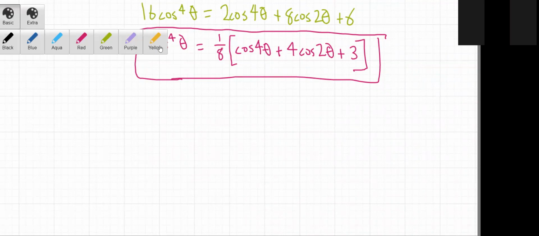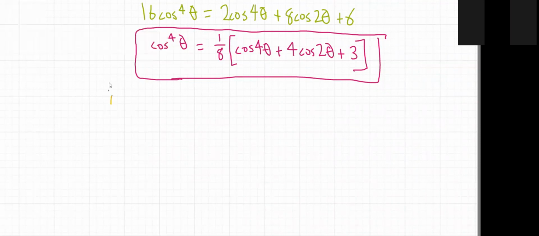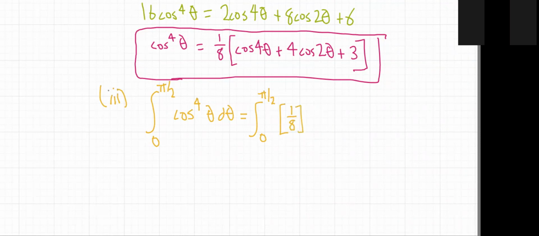Okay, the final part. We can use the previous part and rewrite cos to the 4 theta as 1 over 8 times cos 4 theta plus 4 cos 2 theta plus 3, d theta.